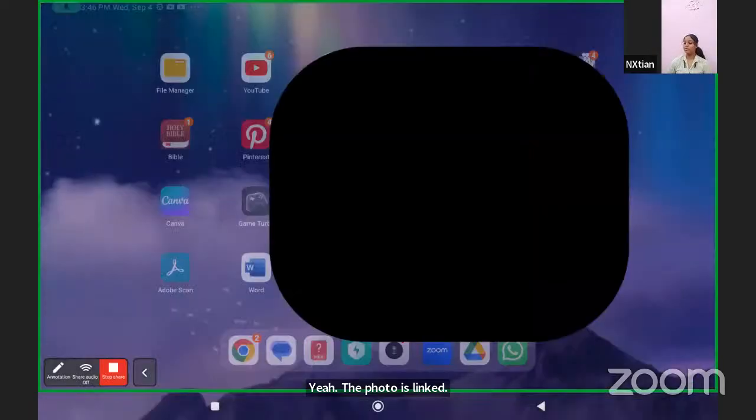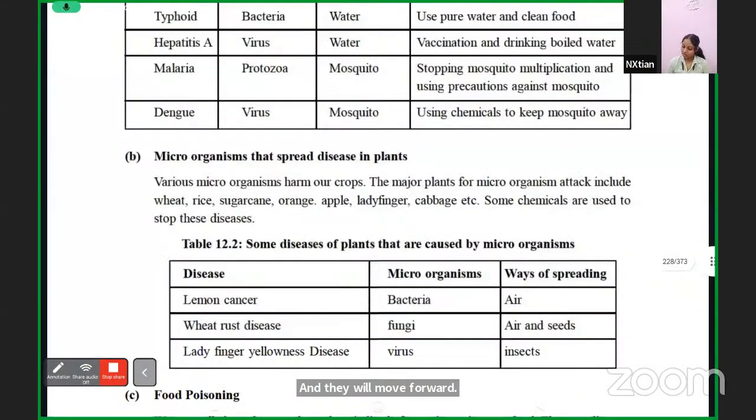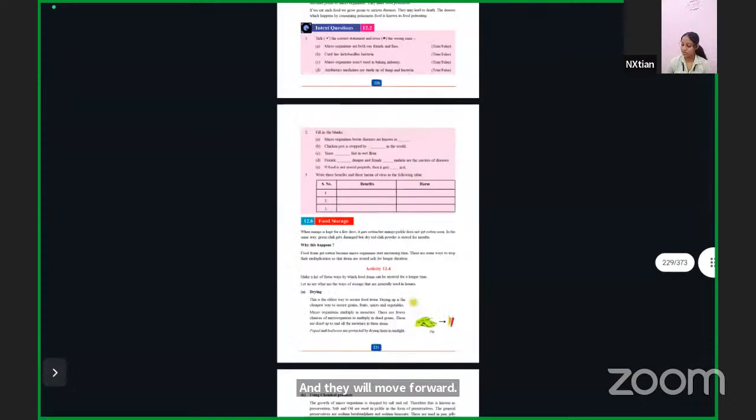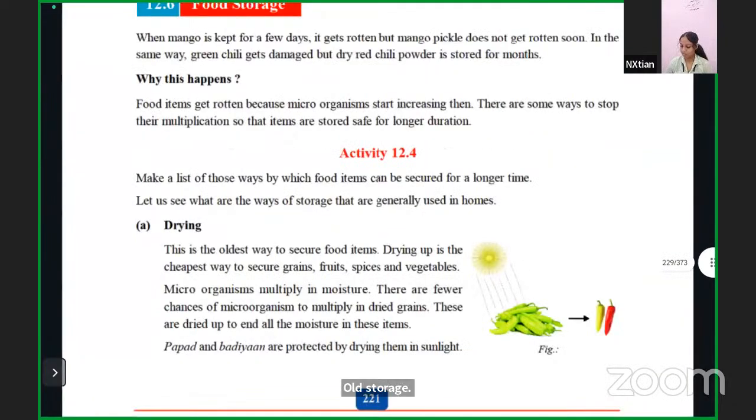Yeah, we did food poisoning, and today we will move forward to food storage. Okay, we will talk about food storage.